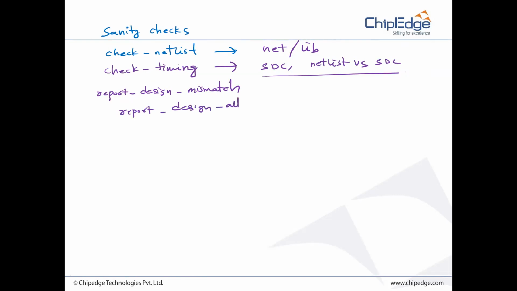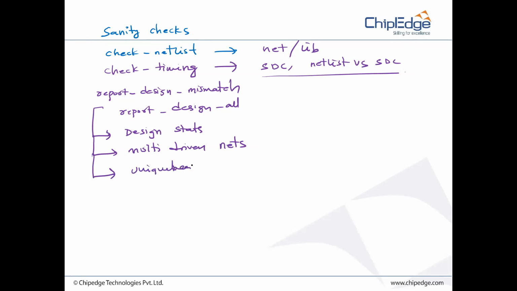So what is this check_design all about? It shows you all about design statistics, and also it shows you if you have some multi-driven nets. Then what are the things you have gone through when you typed that command? The uniqueness of modules, it will show you.